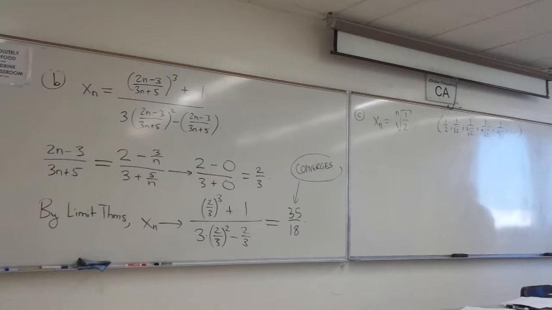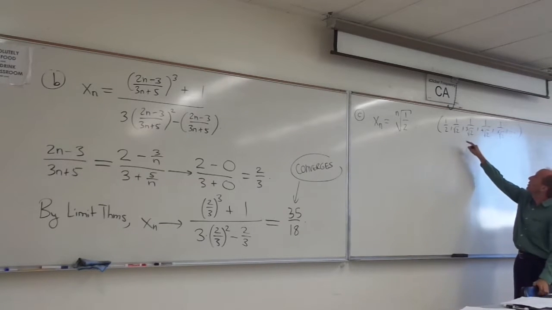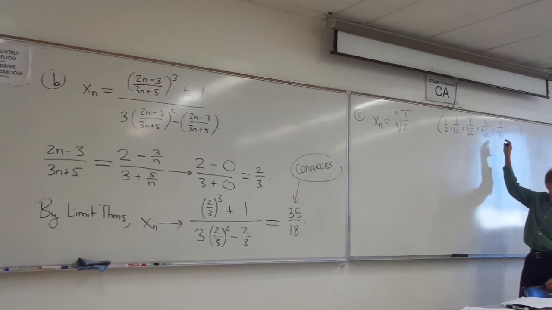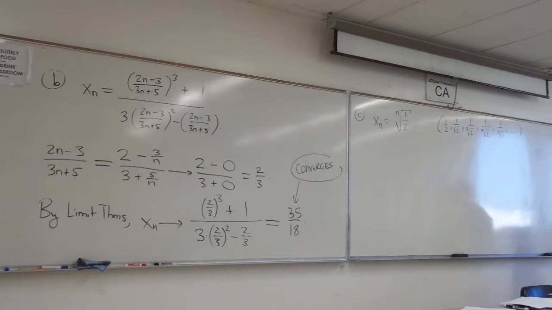The denominator is getting smaller, so these terms are actually getting larger, aren't they? They're getting larger. But how much larger are they getting? Are they blowing up to infinity?